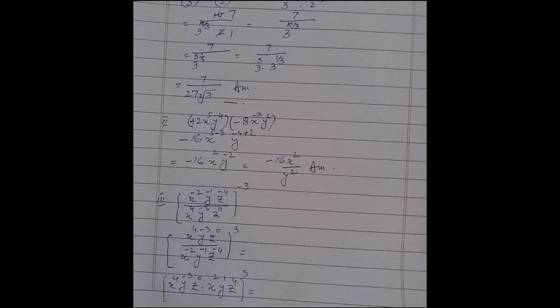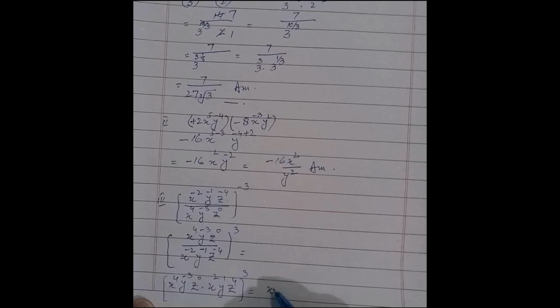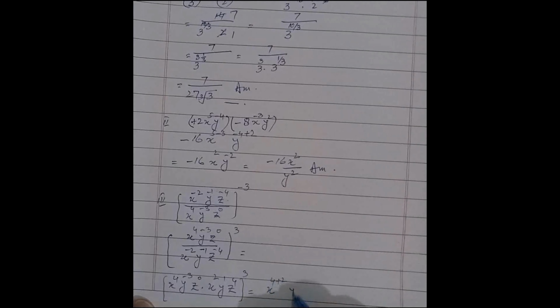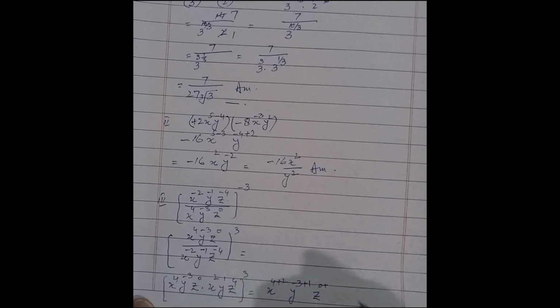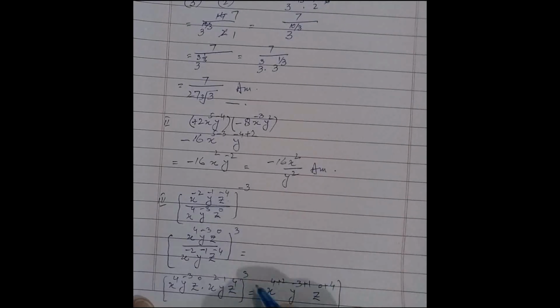And we also know when the bases are the same, the powers add. x power 4 and x power 2, so x power 4 plus 2. The other is y's power minus 3 plus 1, minus 3 plus 1. And the next is z power 0 and z power 4, 0 plus 4.